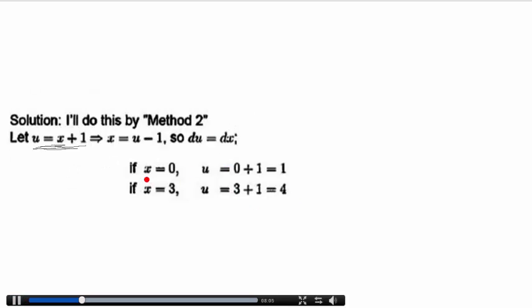So in this case, now we'll see if x is equal to 0, because that is our limit of integration. If x is equal to 0, then u is equal to 0 plus 1, because we have already chosen our u, which is u equal to x plus 1. We got this from our general formula, which was here.